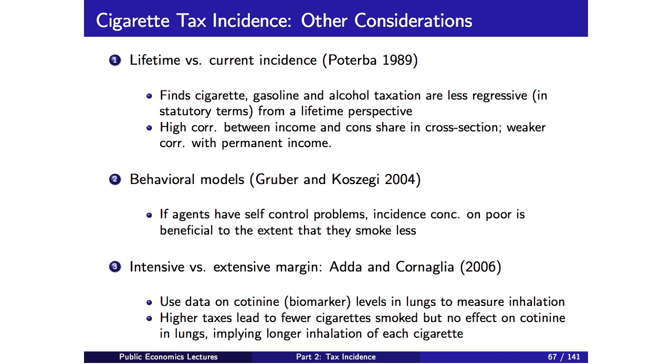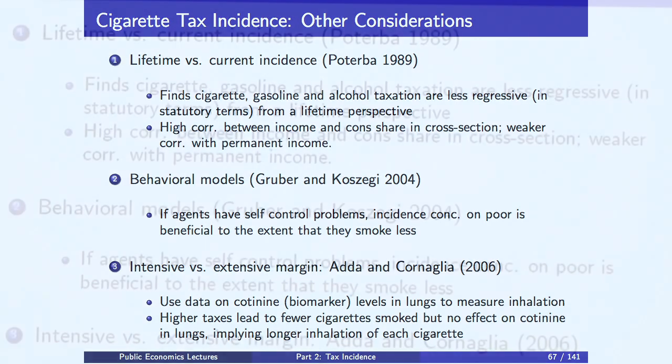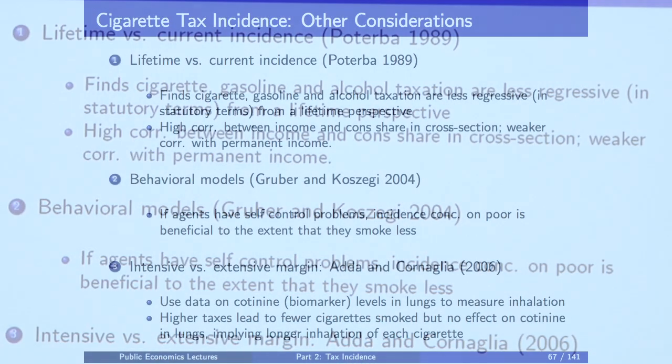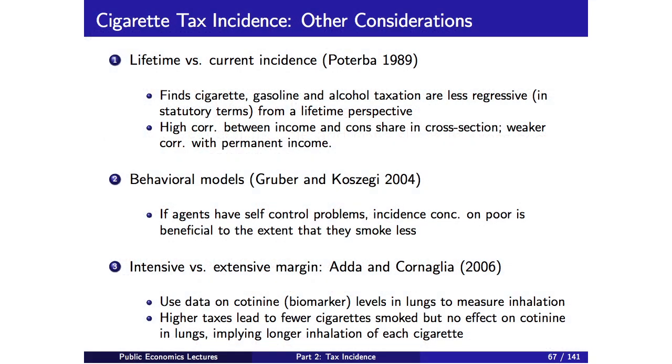So this graph here is looking at breaking people up by income at that time. Now, when you break up people by measures of permanent income, you tend to find less of a difference between the four groups. So there's a much higher correlation between income and consumption shares of these products in the cross-section than there is with permanent income.